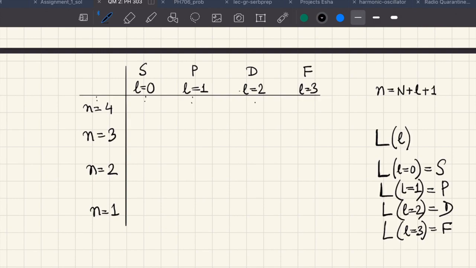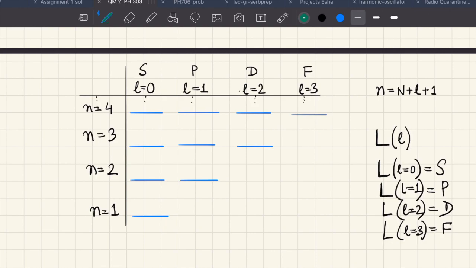Okay, so how many states are there corresponding to this? Here n equal to 1, l equal to 0 is one state. Then let me first draw them all, and here it will be there like this.